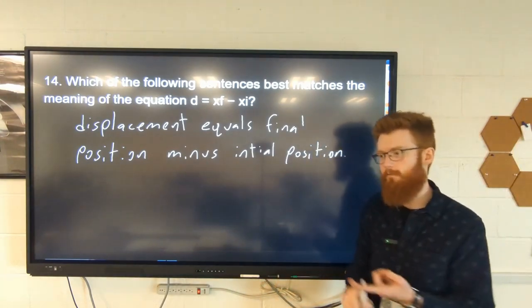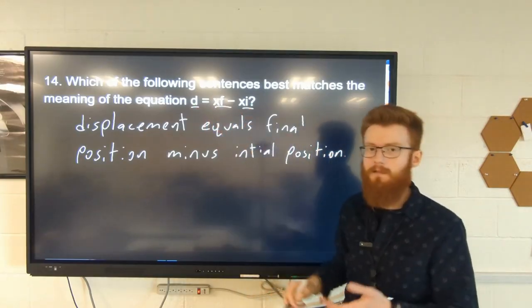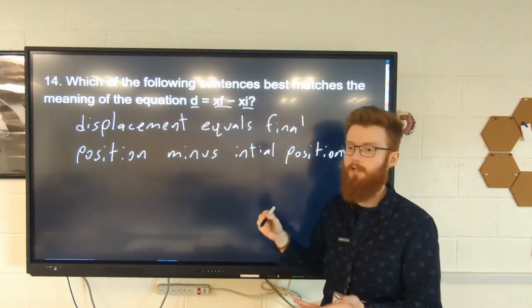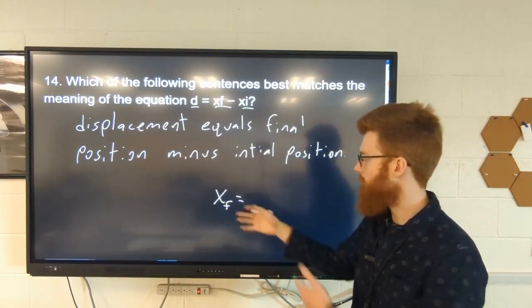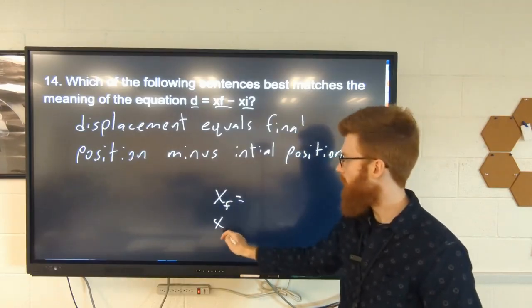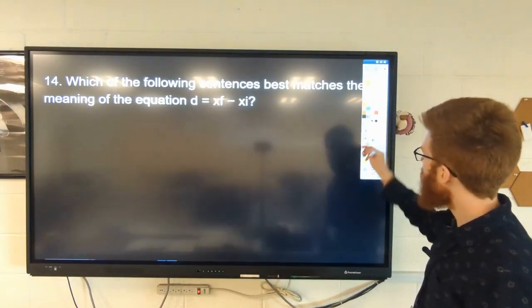If you find yourself not remembering what certain symbols and variables mean, that might be something worth including on your note card as well. X, F means final position, X, I means initial position, and so on.